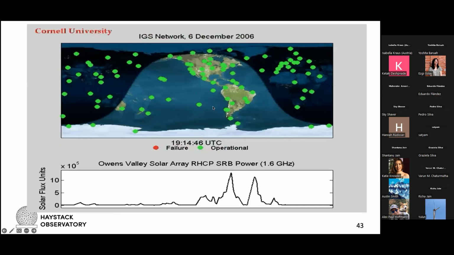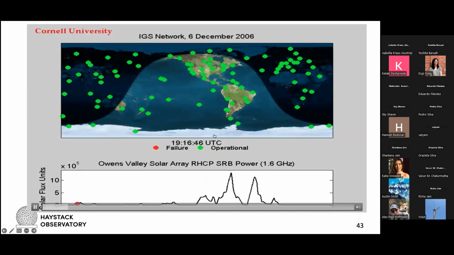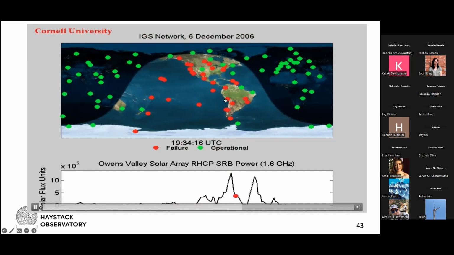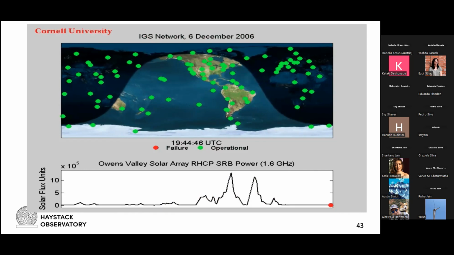All right. Now, this is another one. This was a solar flare effect, but it was a solar radiation effect. So here, the Owens Valley is measuring it, and all of these receivers where they turn red, they lost lock. At the time we made this measurement, it was made by a Cornell graduate student, Alex Rudy.